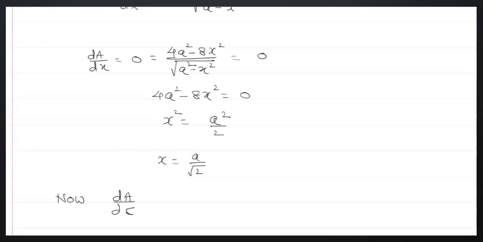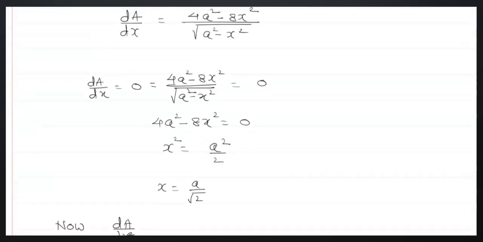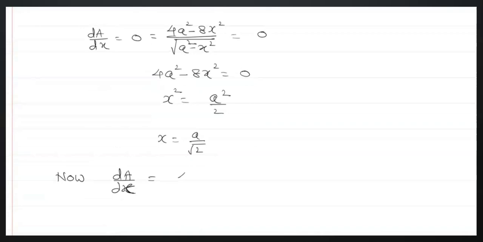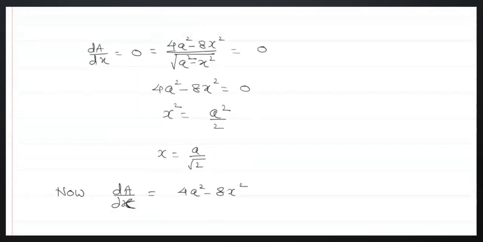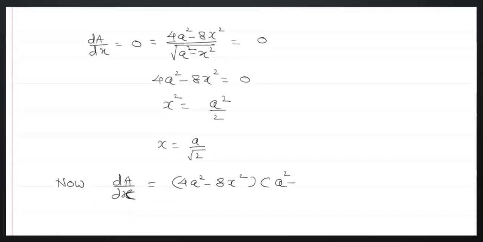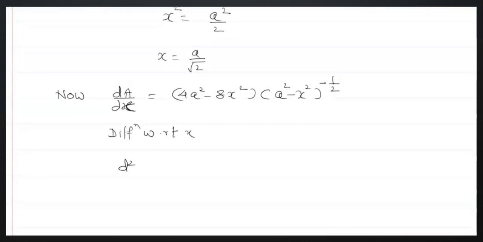Now dA upon dx is equal to 4a square minus 8x square into a square minus x square raised to minus 1 upon 2. Instead of applying the quotient rule, here we are applying the product rule.